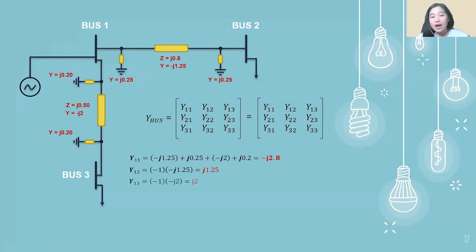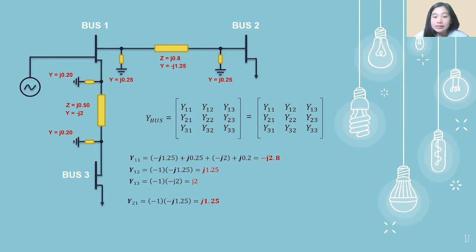Okay, now as for our Y13, it is also the same. We only have to multiply it with -1, and that -1 will be multiplied to the value of our negative J2, which is the value of the admittance between bus 1 and bus 3. So next up is our Y21.